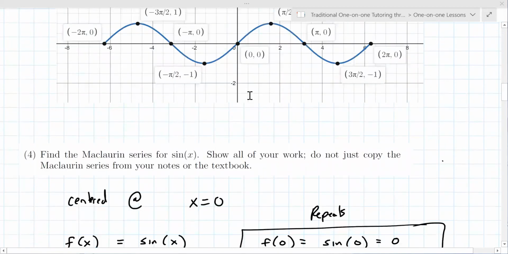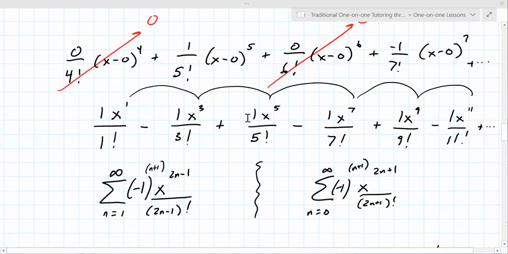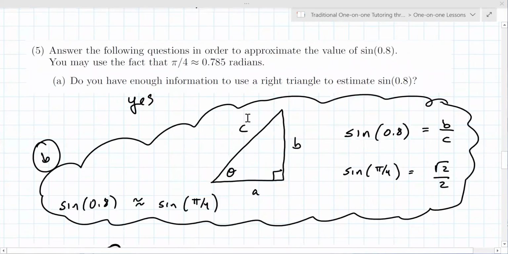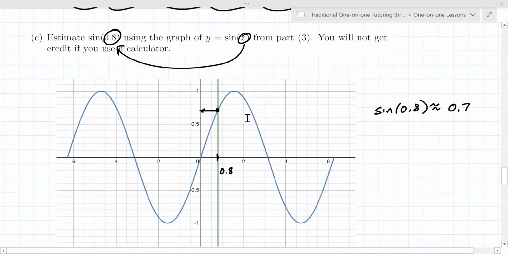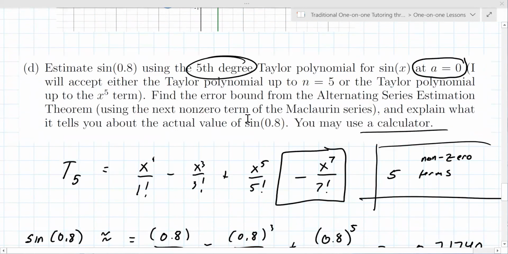Keep going. No, that one's fine. I guess just a couple words, like why you're doing each step, maybe. Yeah, let me try that here.